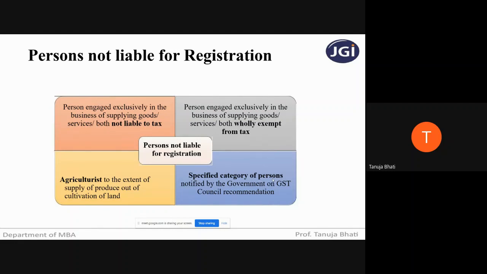So we have seen four categories of persons like that: persons making only reverse charge supplies, persons making interstate supplies of taxable services up to 20 lakhs, persons making interstate supplies of notified handicraft goods up to 20 lakhs, and casual taxable persons making interstate supplies of notified handicraft goods up to rupees 20 lakhs. So they are not liable for registration.